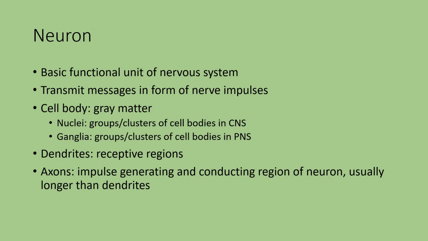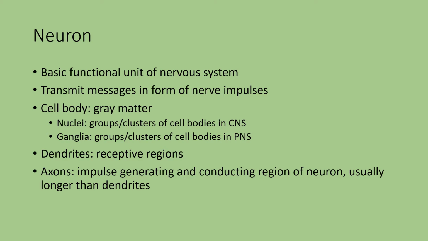So the neuron itself then is the basic functional unit of the nervous system. It's going to help to transmit these electrical impulses, which we call the nerve impulses. Oftentimes we'll talk about gray matter versus white matter, etc. Gray matter is usually the cell body, the main portion of the cell.